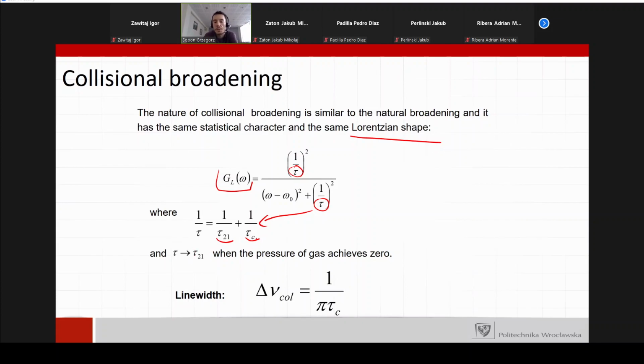And if the pressure would be zero, so we have no gas, then of course we have only natural broadening. And the line width is described by a very similar formula to the previous one. So we have the collisional broadening, 1 over pi times the collisional lifetime.